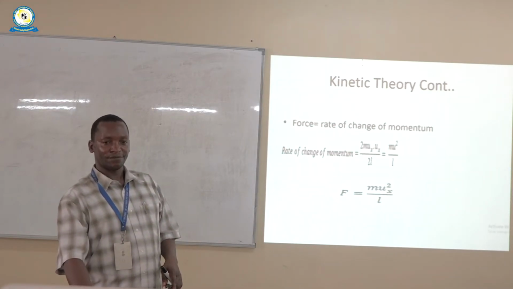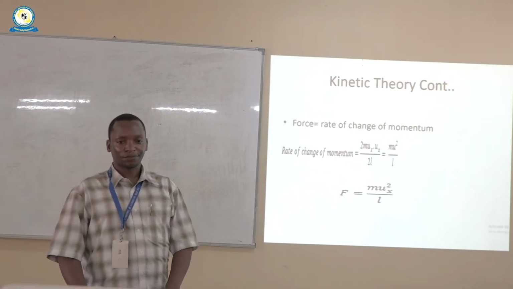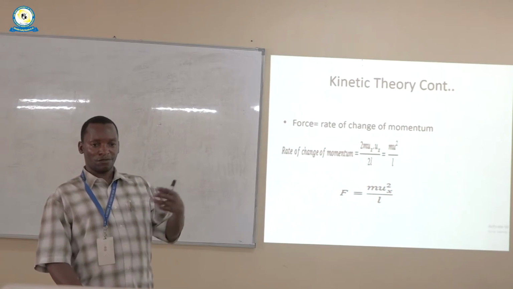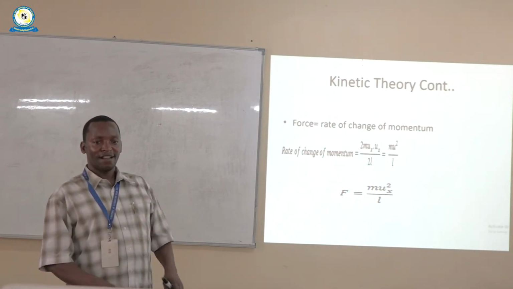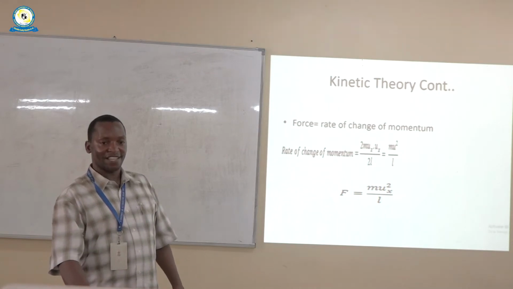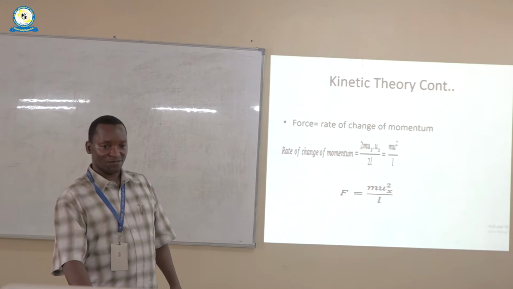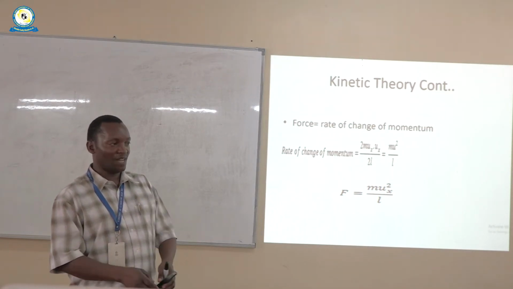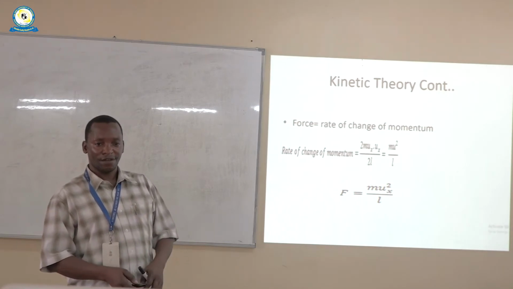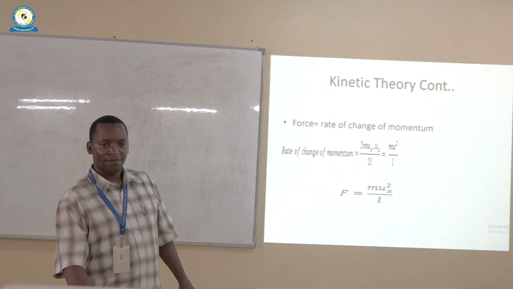the momentum. Now we are also interested to know what will be the force. The force is considered as the rate of change of momentum. We have the rate of change of momentum, which is represented as mu_x squared over r.